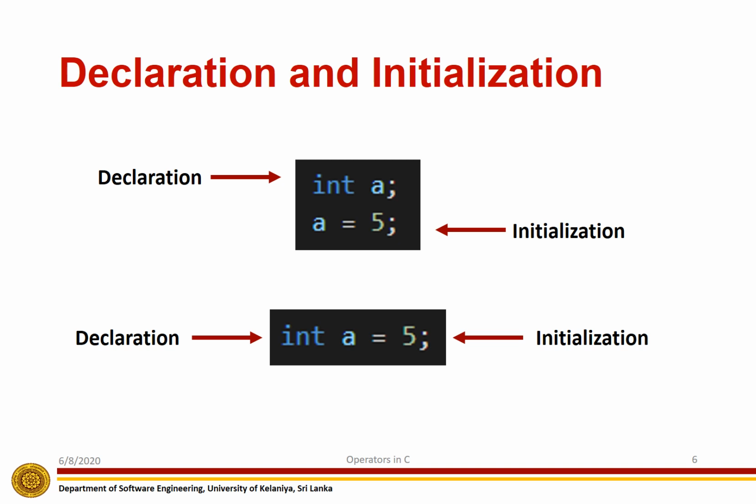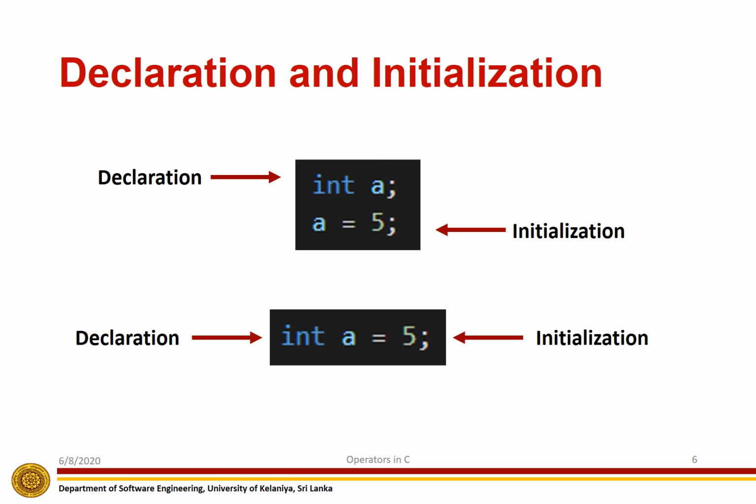Then the assignment is simply the storing of a value in a variable. Initialization is the assignment of a value to a variable at the time of declaration. So in here a equals 5, that is the initialization. We have declared a first, now we are assigning 5 to a.